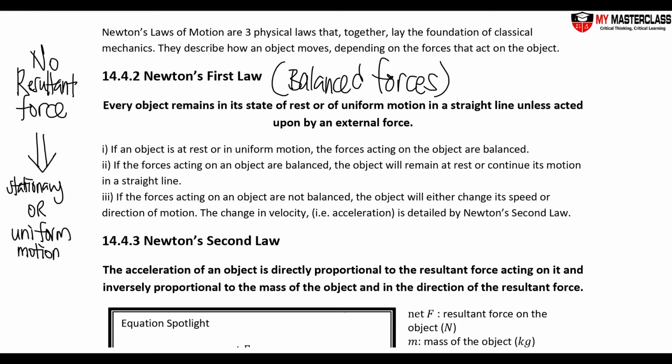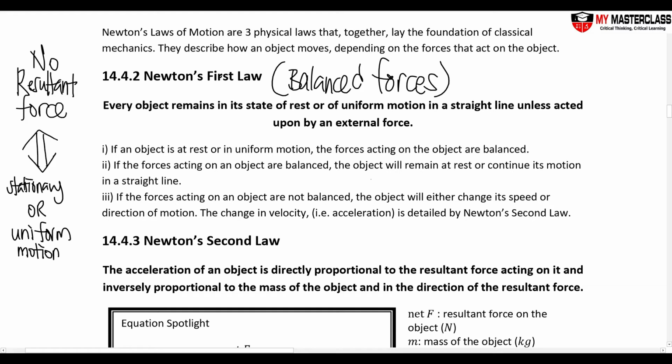And the converse is also true, which means that if my object is stationary and continues to be stationary, it means that there is no resultant force on the object. If my object is moving at constant speed, then it will continue to move at constant speed.